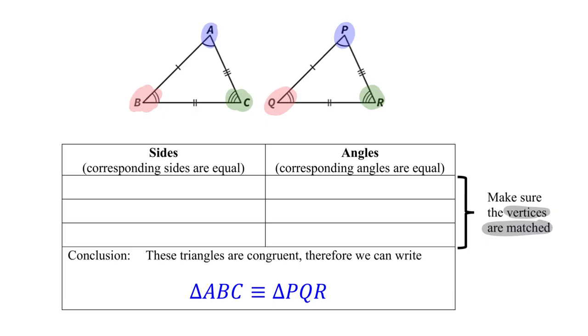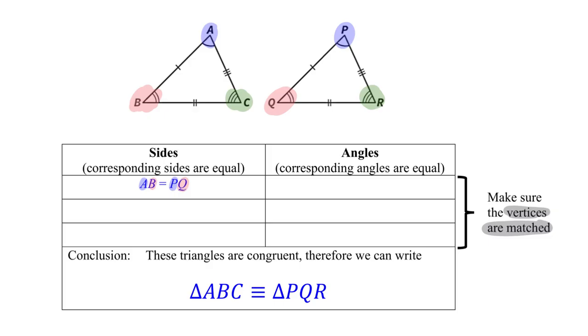So if I were to say AB, then I would have to write it as AB equals PQ, where A and P, B and Q. The order that we write the length now matters in the world of congruence.